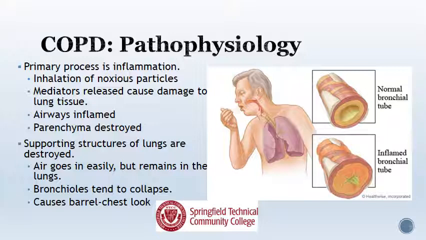Air goes in easily, but remains in the lungs, and the bronchioles tend to collapse. So it causes a barrel chest look. And this is just another picture of that nice, wide open, normal bronchus here, and then this one that's inflamed. And look at the amount of narrowing in that airway. And this patient is definitely not having an easy time breathing.